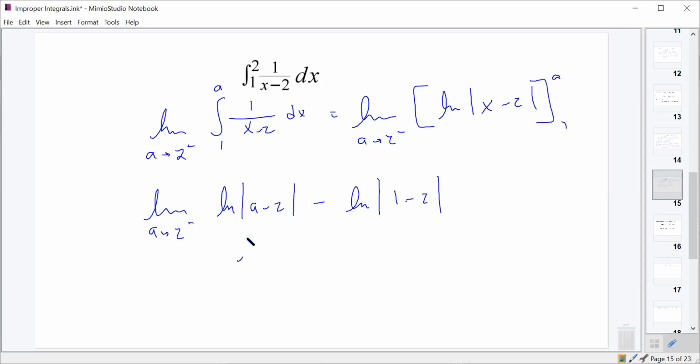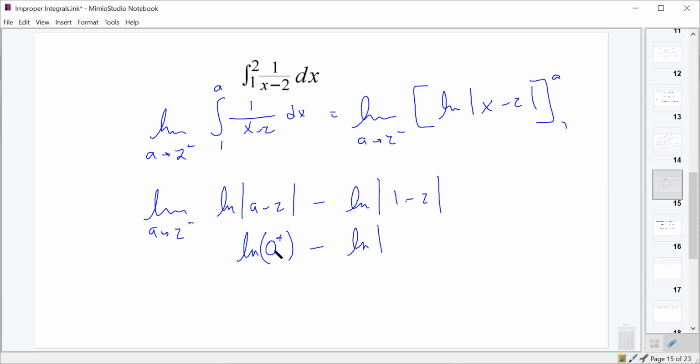So this is like what's happening to natural log as we approach 0 from the right. Because if I plug in a number very, very close to 2, this is getting very, very close to 0, but since it's absolute value, it's always from the positive side. And then minus the natural log of negative 1, which is just going to be 1 when I take its absolute value.